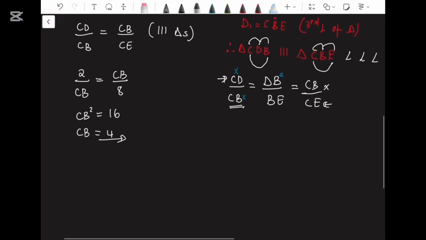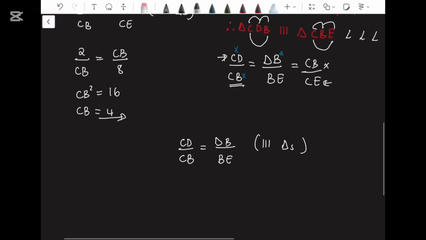So last question, we are going to say CD over CB is equal to DB over BE. Again, it is coming from similar triangles. Now we do have our CD as 2 units over, we calculated our CB as 4.